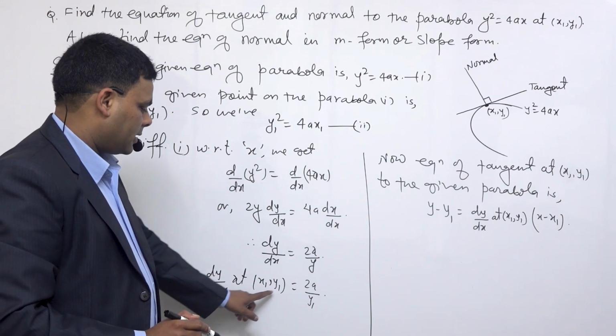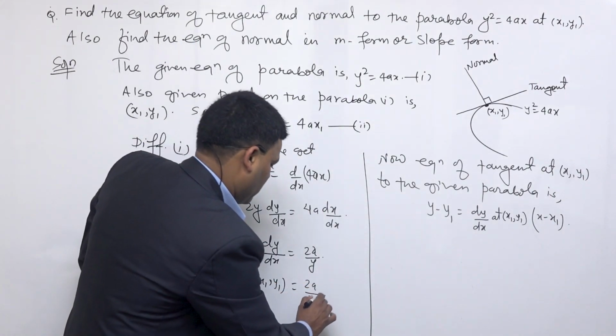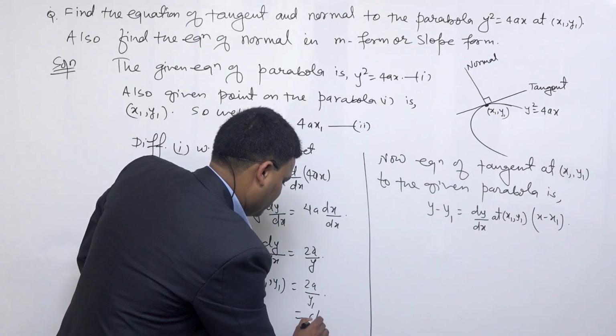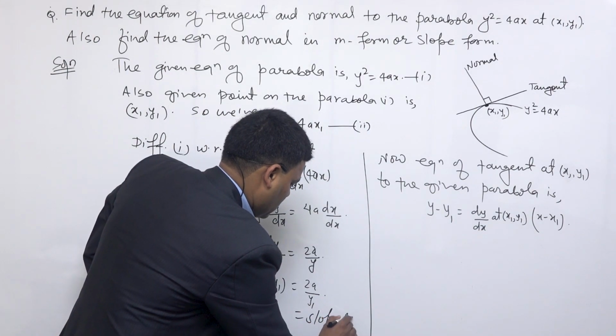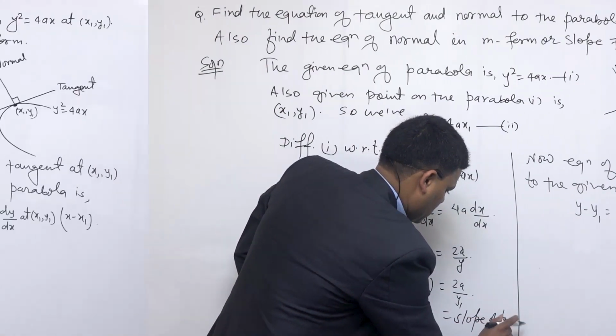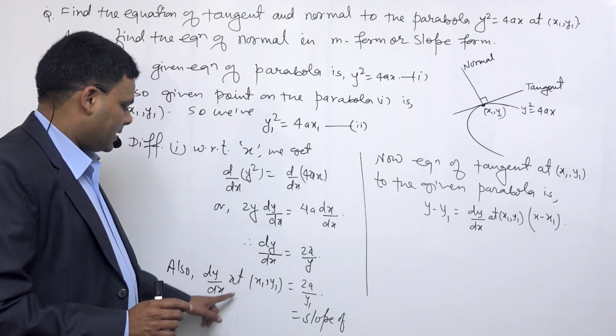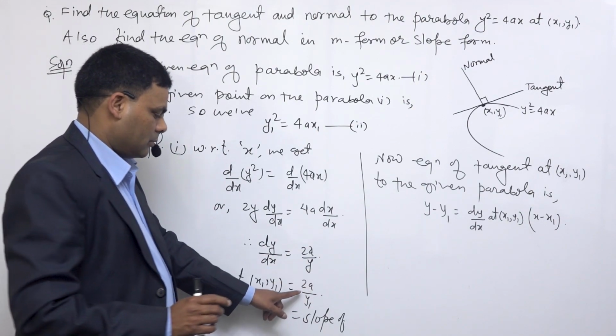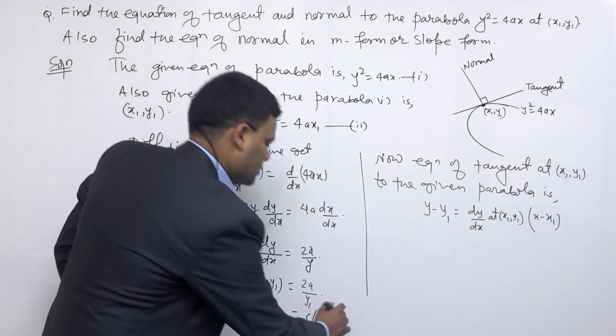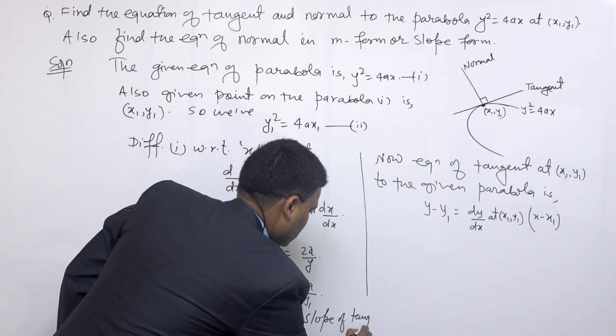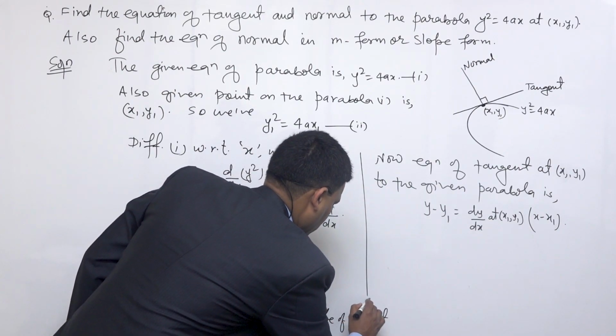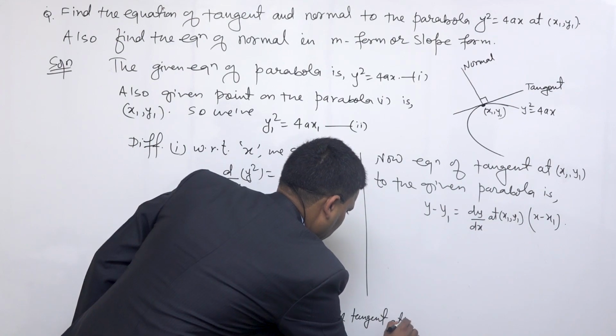Also dy by dx at x1 y1 equals to 2a by y1, which is the slope of tangent at x1 y1.